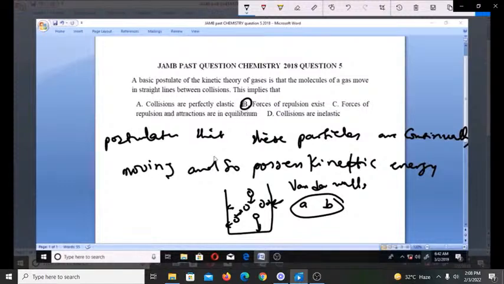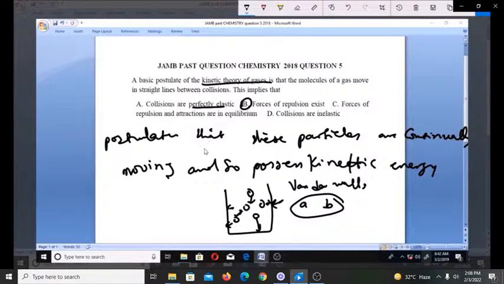Whenever you talk about the kinetic theory of gases, you must mention the forces of repulsion that exist between the molecules, which enables pressure to be created due to the collision with the walls of the container. So if you go by elimination, perfectly elastic is not there. That's what we are looking at in the kinetic theory of gases.